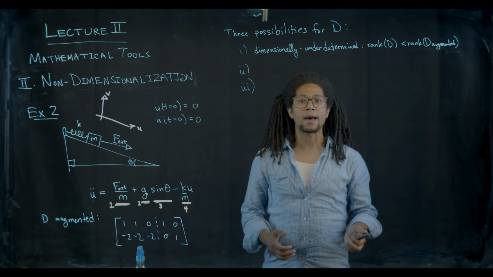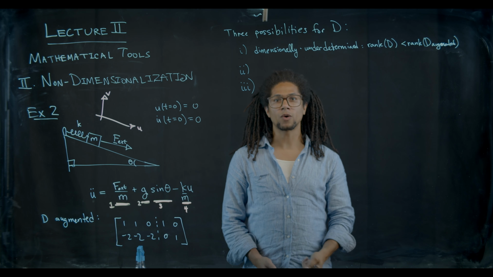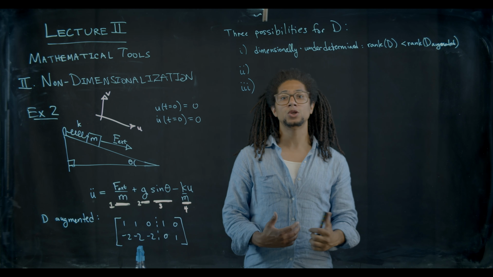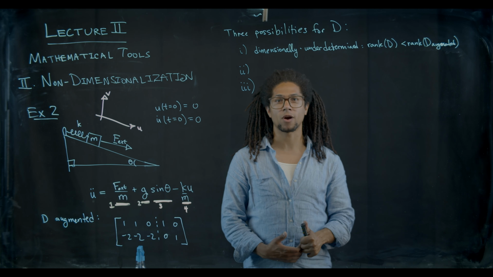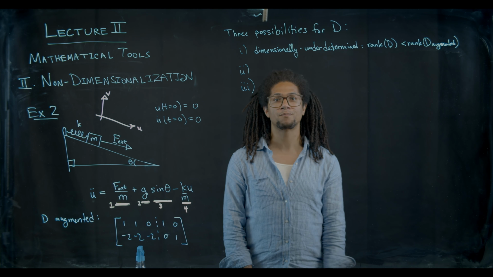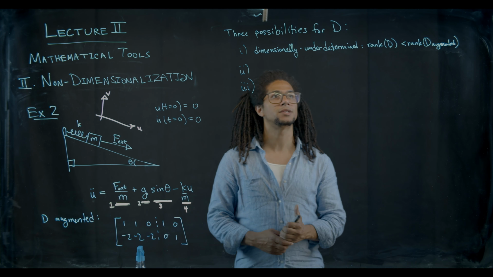And what you'll see is that that means that the system of equations simply doesn't have a solution. Or when we want to think about it in terms of the constants in the problem, it means that there's no way to combine the constants in our problem to give both a reference length and a reference time. That's possible, and what it means we'll get to in a moment.